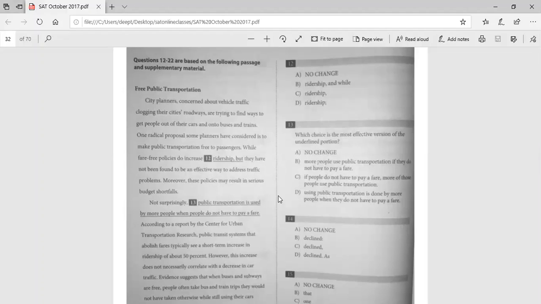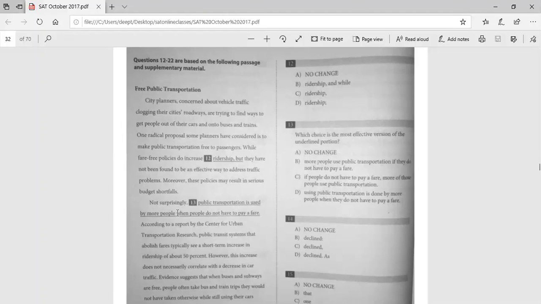Now, of those people who don't have to pay the fare, though more of those people, that means let's say if out of 100 people, 80 don't have to pay the fare, 20 have to pay the fare. Of those 80 people, 70 people will travel more, and we don't know about them. So this completely changes the meaning. It says more of those people. Who are those people who are not paying the fare? That means this sentence is saying there are some other people who have to pay the fare, but that's not what I meant over here.